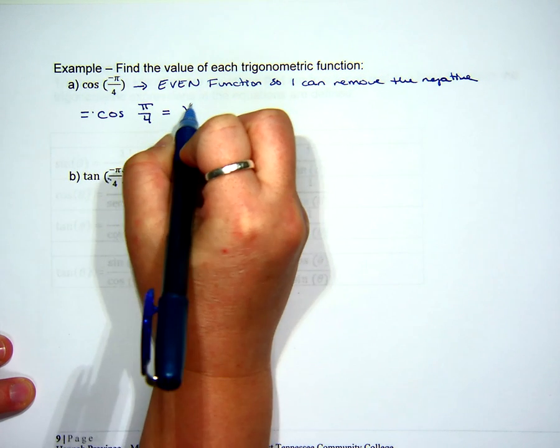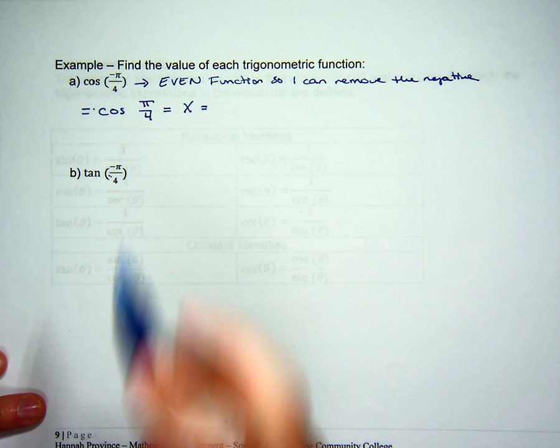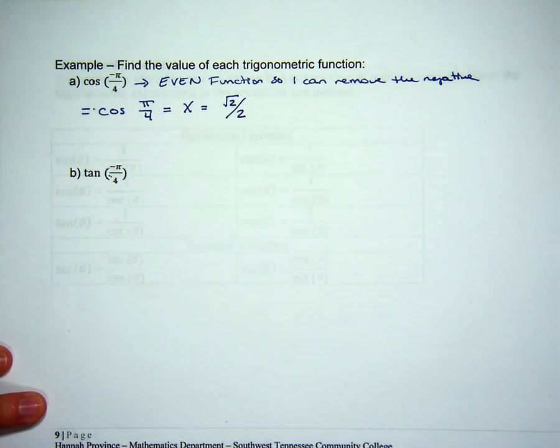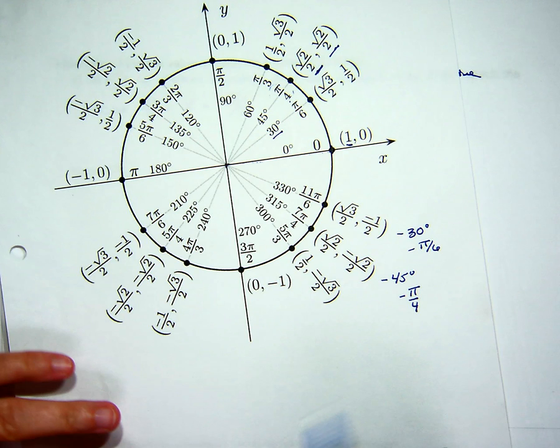Cosine at pi over 4 is the x value at pi over 4, square root of 2 over 2. If I didn't want to use evens and odds, I could simply look at the x value at negative pi over 4. Negative pi over 4, the x value is square root of 2 over 2.